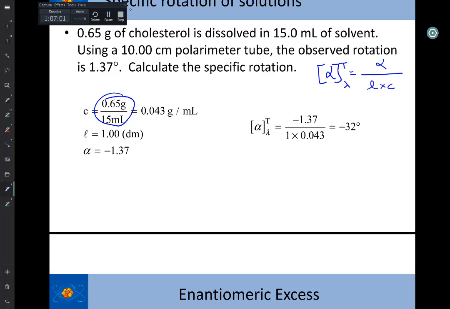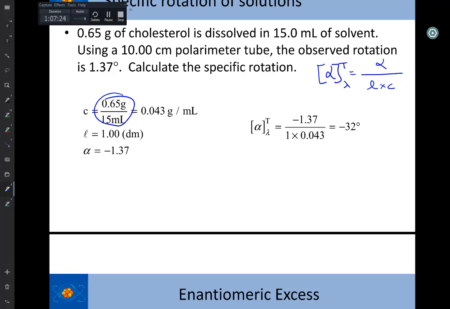If one is R and it's rotating it to the left, then its enantiomer will rotate it to the right the same amount. Which kind of makes sense in this weird symmetric way. If you have the opposite molecule, the light should rotate in the opposite direction. That's exactly what it is.